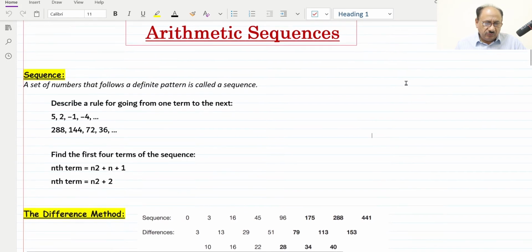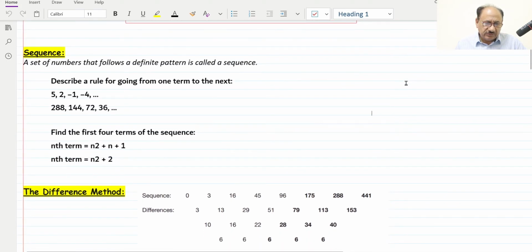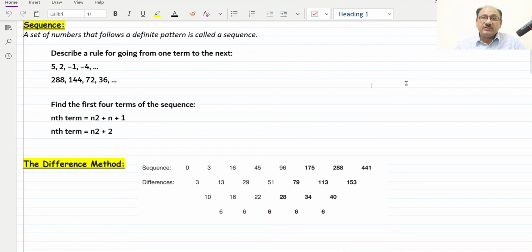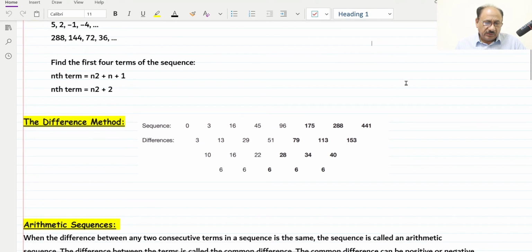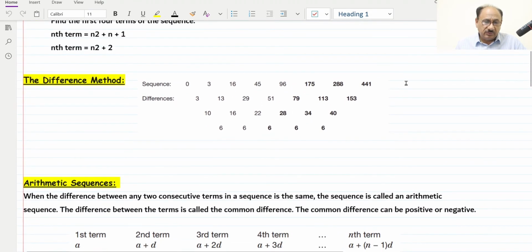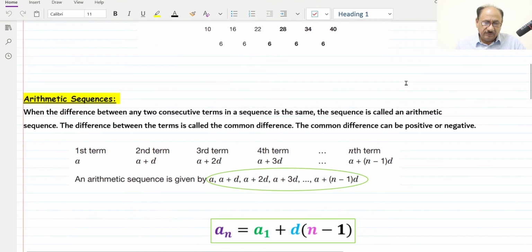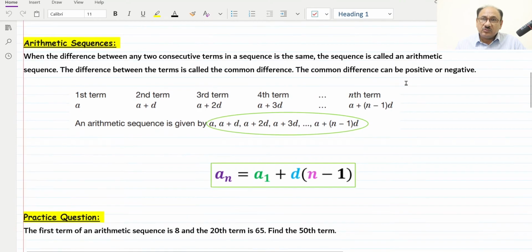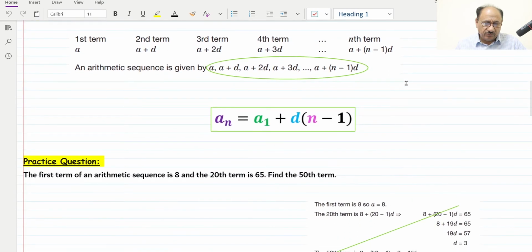So in this video, we will be discussing and explaining sequences, and then we'll go through the common difference method, and arithmetic sequences, and how we can use the formula for that.